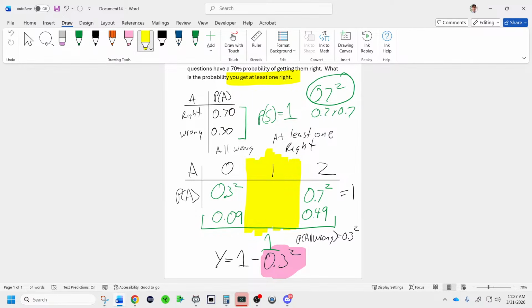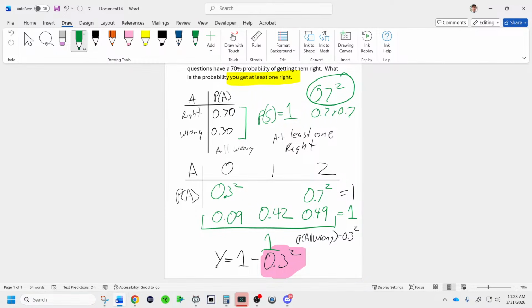Exactly one. Well, look at the table because we're talking about what I have highlighted right there. What do you know about this table? The table has to add to 1, right? So the probability of exactly one correct is going to be, I believe, 0.42. It is. You're right. Because this has to equal to 1.